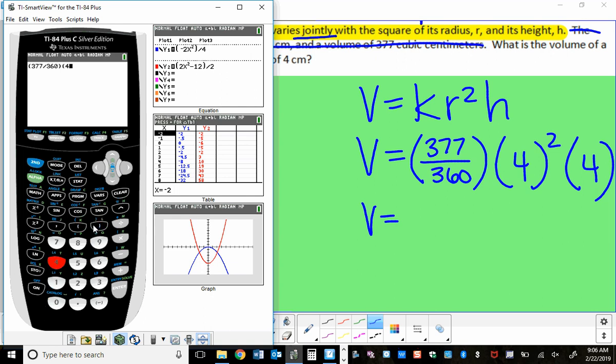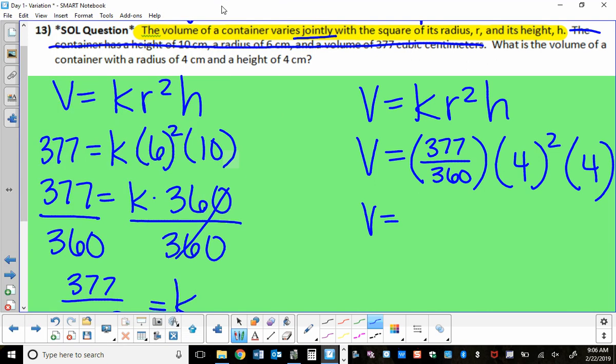And then I have my 4 in parentheses squared. And then times 4. Did you guys all get 67.02 repeating? Good. All right, so my answer for the volume is 67.02. We show our volume with centimeters cubed, right? That's my volume for that one.